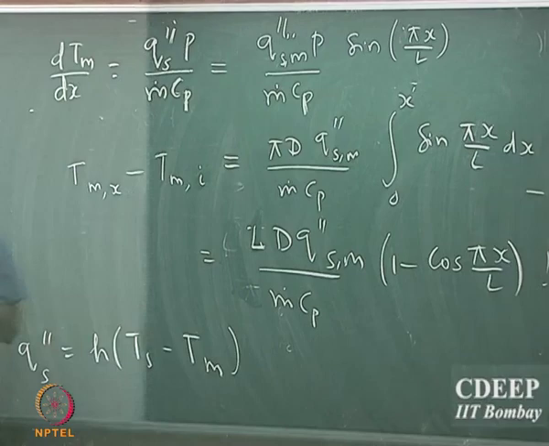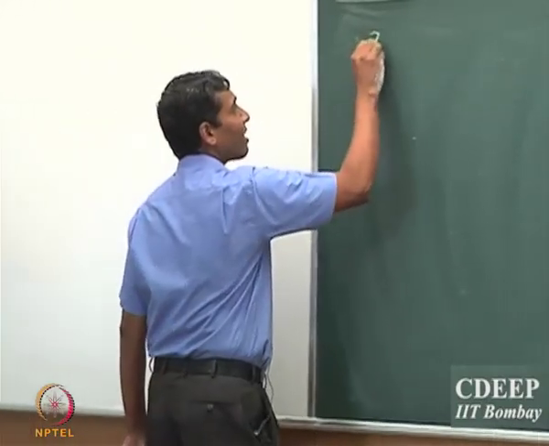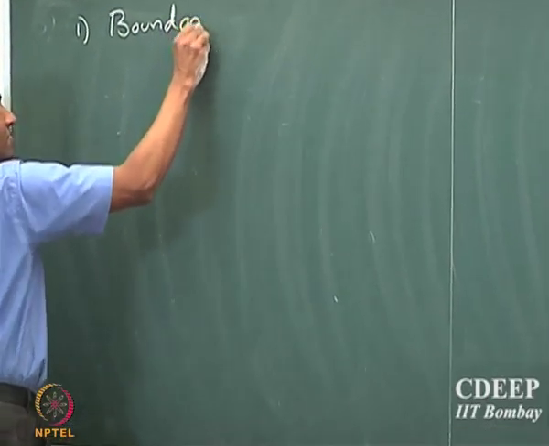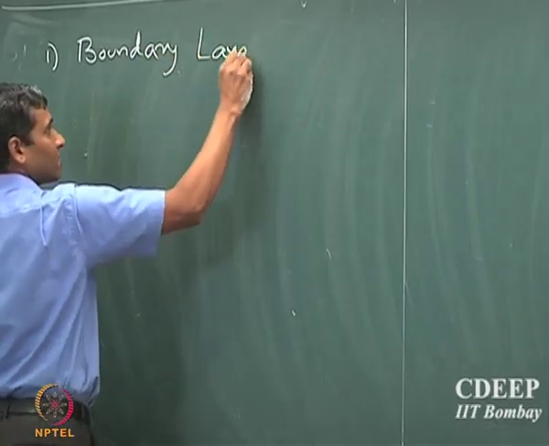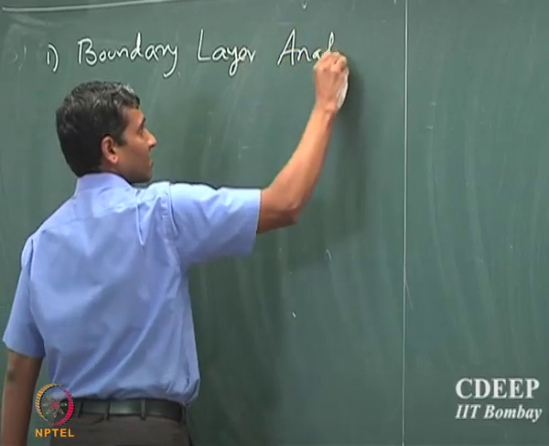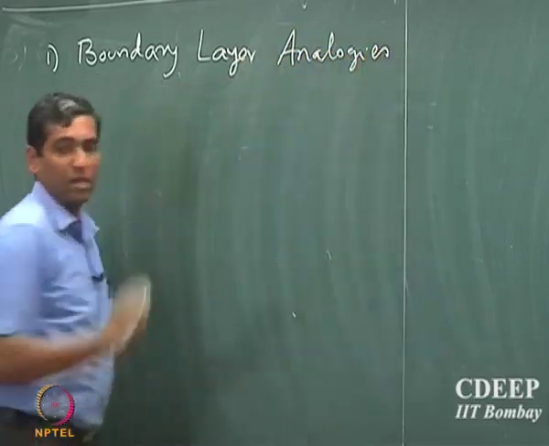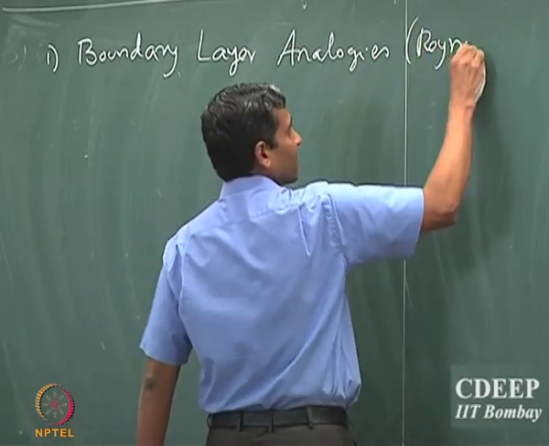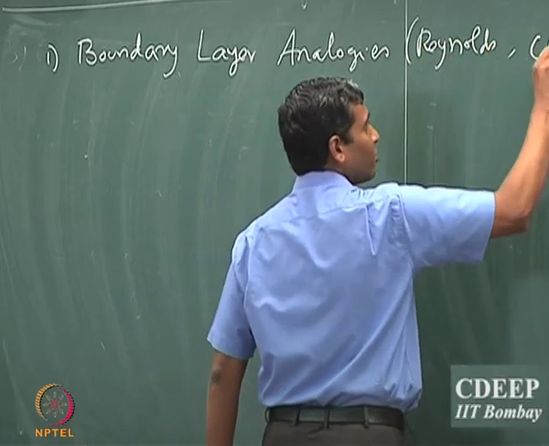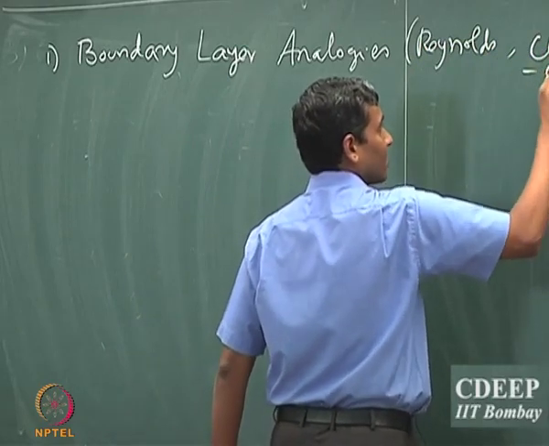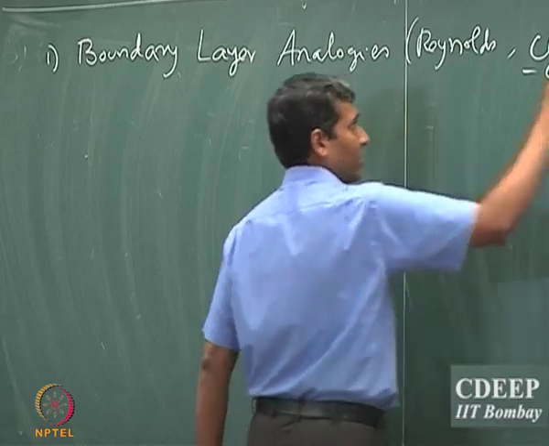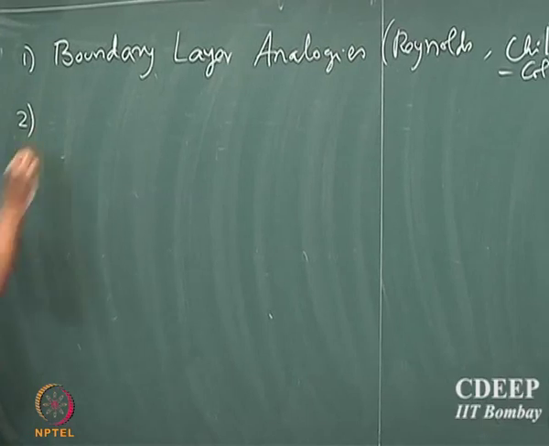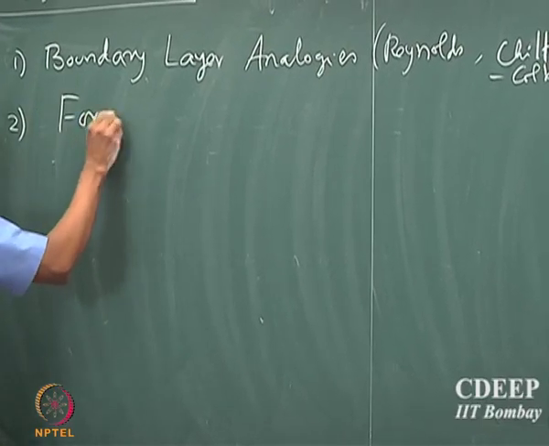So, what we have looked at so far is, first, we started with the boundary layer analogies. We looked at boundary layer analogies and we looked at Reynolds and Chilton-Colburn analogy, which is also called as modified Reynolds analogy. With that we moved on to forced convection.